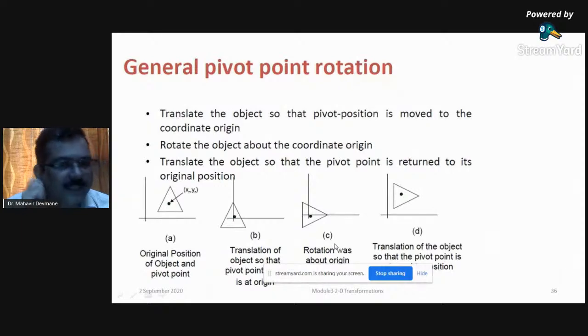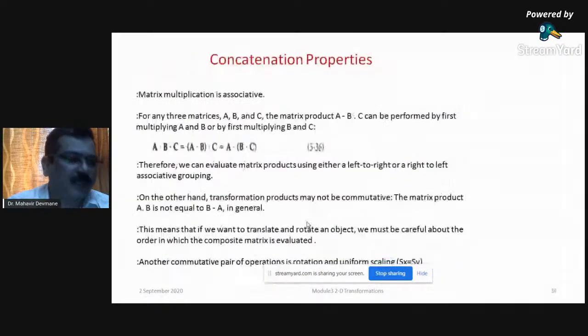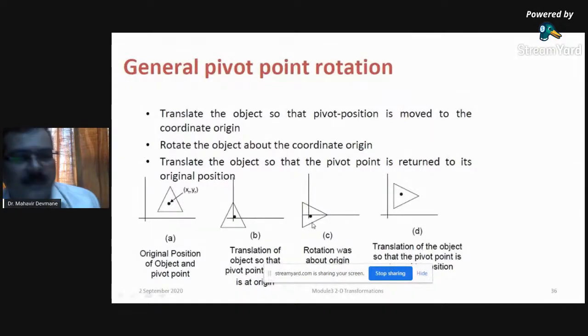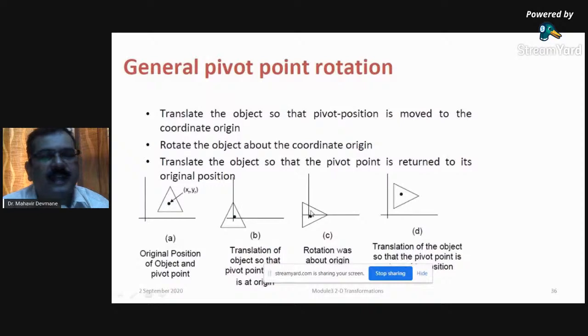Correct, but this is not what we actually expect. Actually, your triangle is to be rotated with reference to this point, and so the diagram should be here only. Right now you have done the rotation, but at this moment the rotated triangle is somewhere at the bottom.